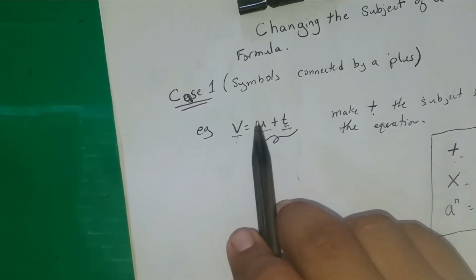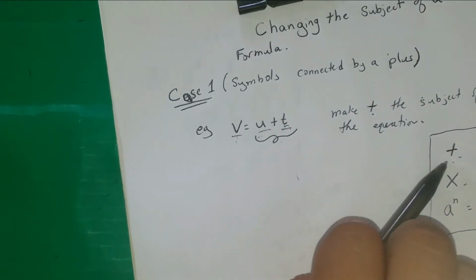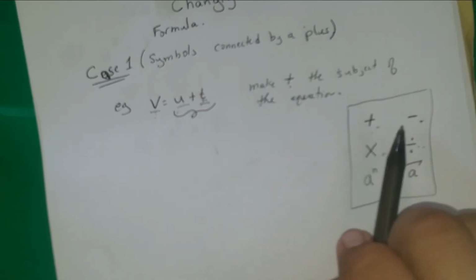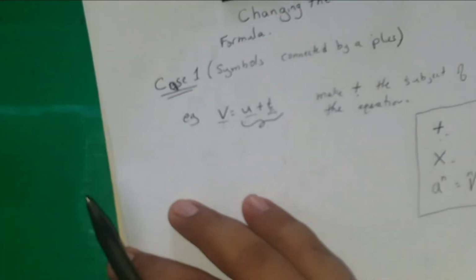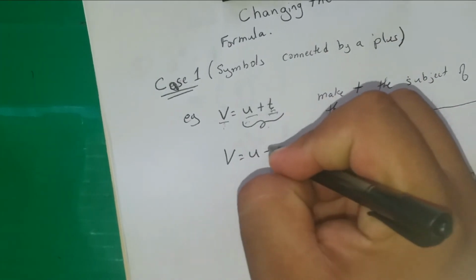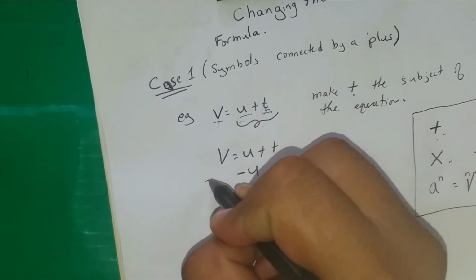So how do I get rid of u? Because it's plus, remember what I said, because it's plus, then we need to minus, right? So we're going to minus. I'll rewrite this here, and then notice what I'll do. Minus u and minus u.